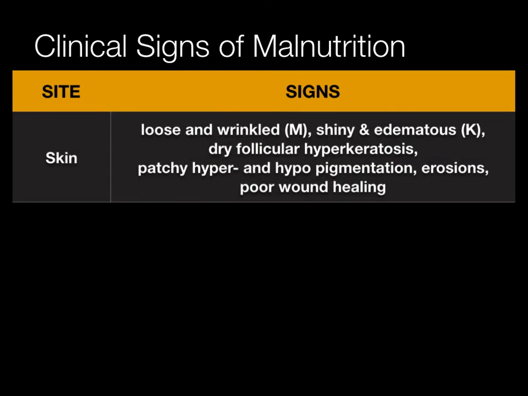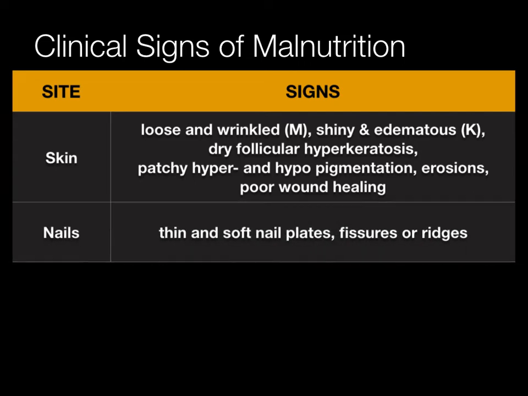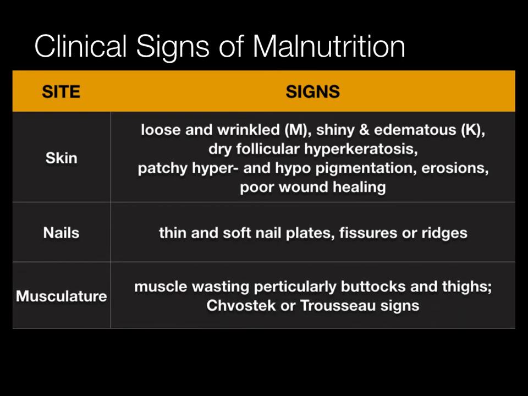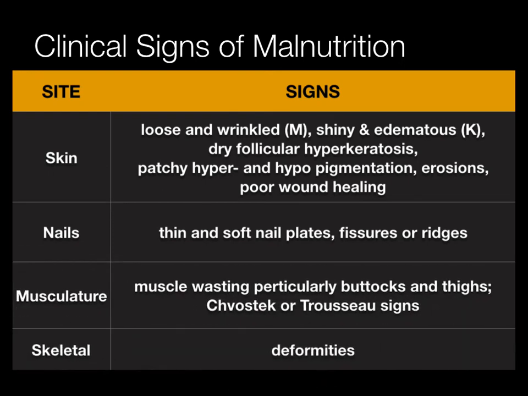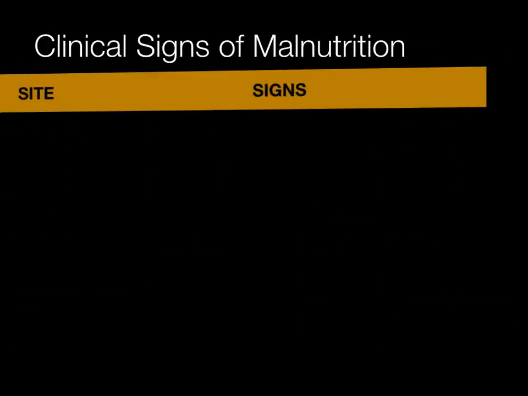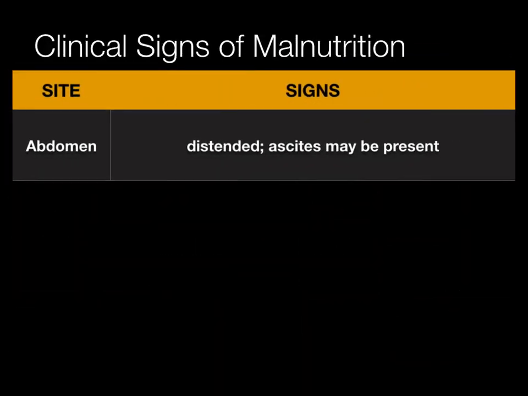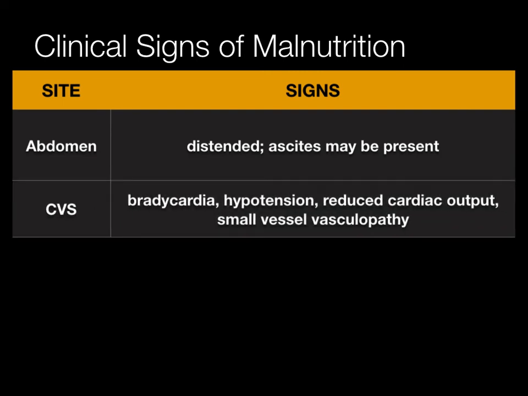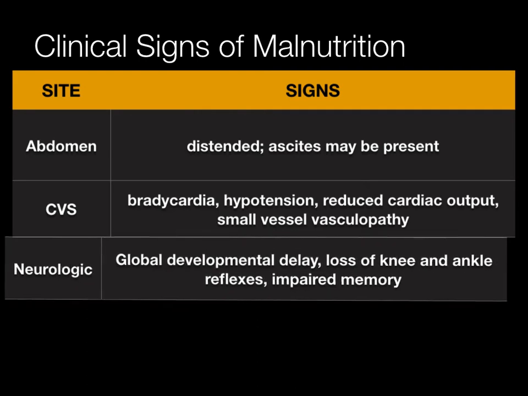These are other signs: loose and wrinkled for marasmus, shiny and edematous for kwashiorkor. These are also other signs for malnutrition.